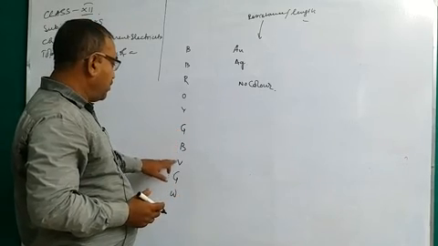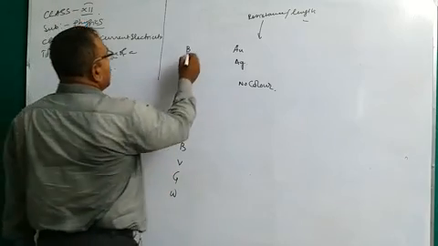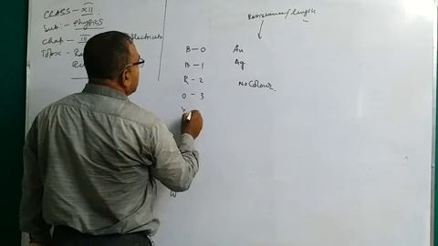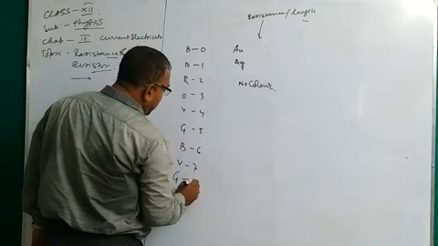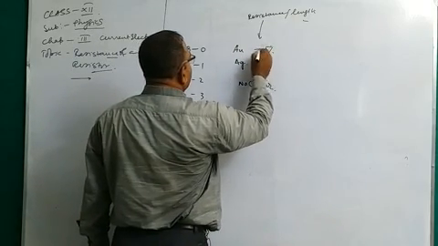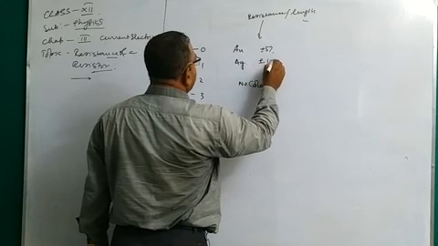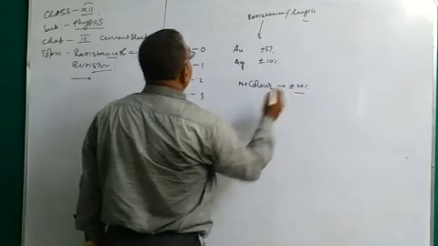Then blue, violet, grey, white. So this is position 0, this is 1, this is 2, this is 3, this is 4, that is 5, that is 6, 7, 8 and 9. And tolerance is plus minus 5%, plus minus 10%, and plus minus 20%.